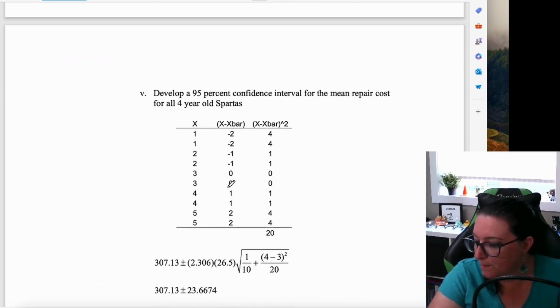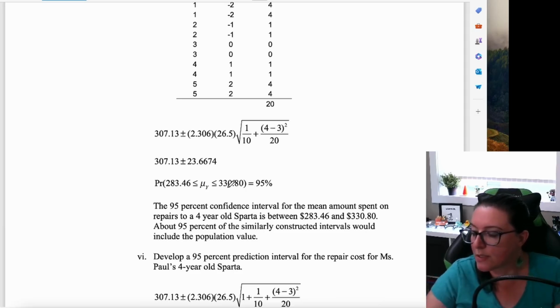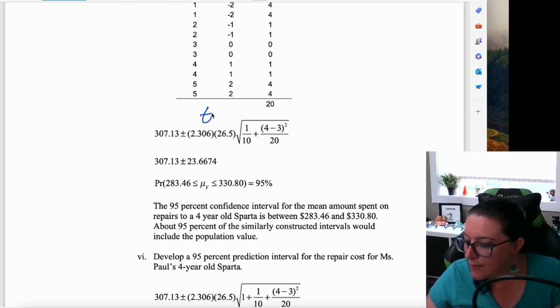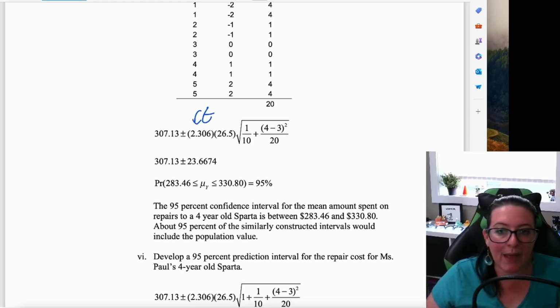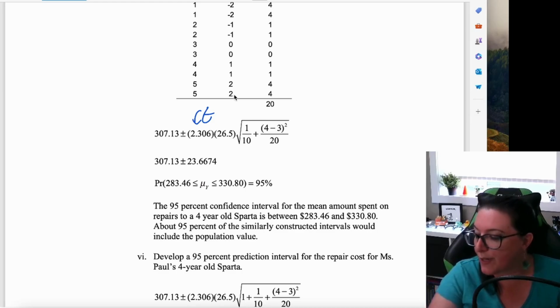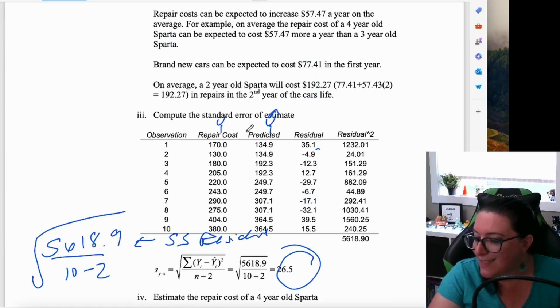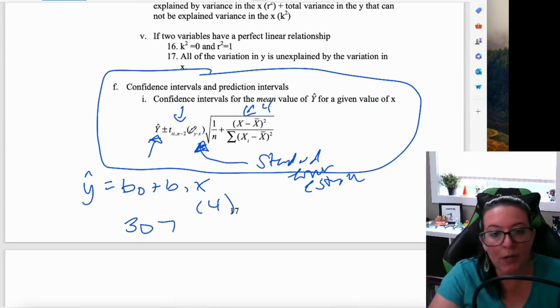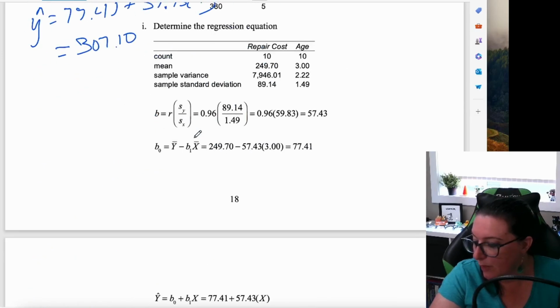On paper, the way this works is that we are going to take our 307.13 and then we need a t-value. Remember that t-value is going to depend on alpha, so if this is a 95% confidence interval, and it's also going to depend on our degrees of freedom, which is n minus 2 here.